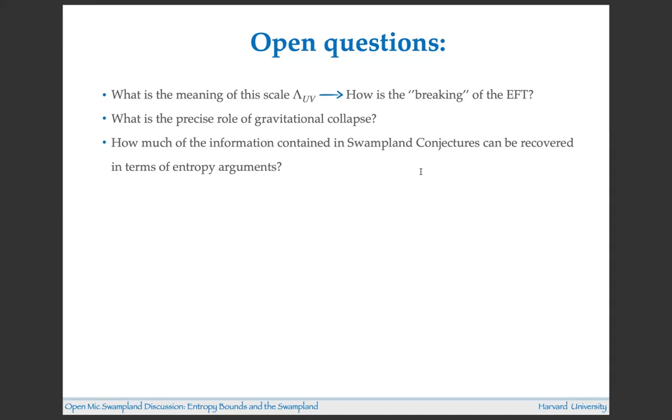And in general, I think it's very important to address the question of how much of the information contained in some of these swampland conjectures can actually be recovered or motivated in terms of entropy arguments. These are statements about the full theory of quantum gravity, but how much can be encoded into statements about the entropy or things like that for the effective field theory, for example? Is it all of them? Is it much of them? Is it just part of that?